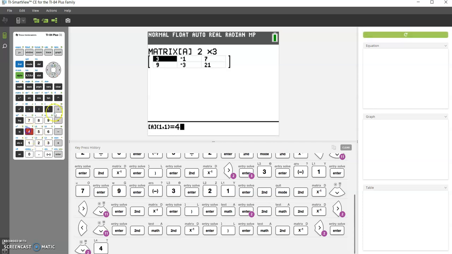Let's change that to a 4, and let's change this one to a -8. I have no idea what's going to happen. All right, so I've changed that here.